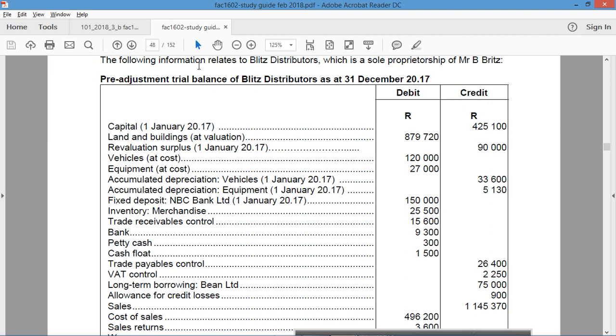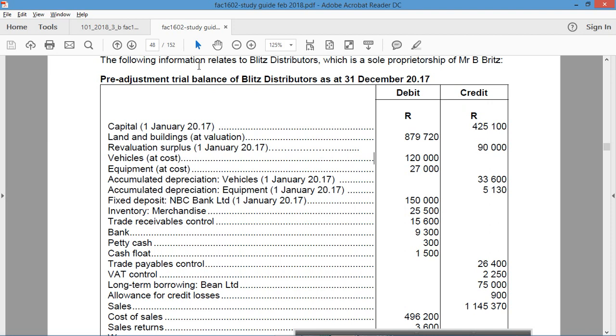Fixed deposit is an asset. No, fixed deposit. If you get stuck, always go back to what something is. It's not capital. It's not a liability, it's not an obligation to pay.